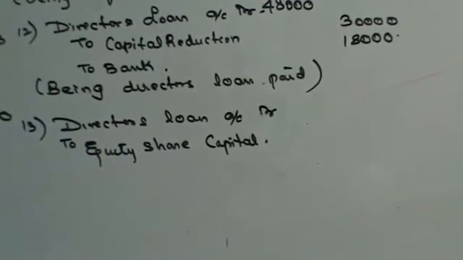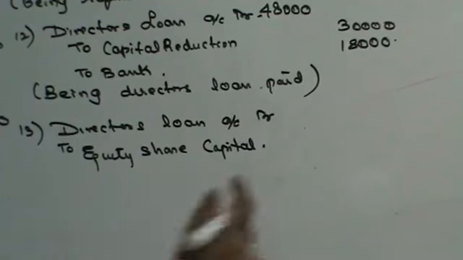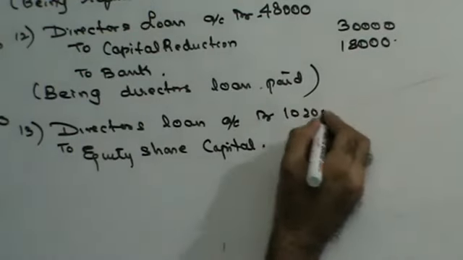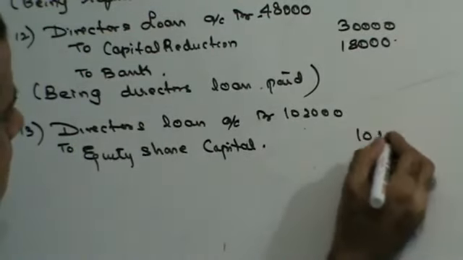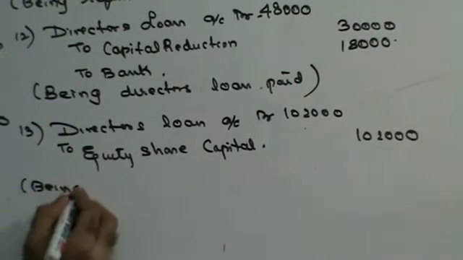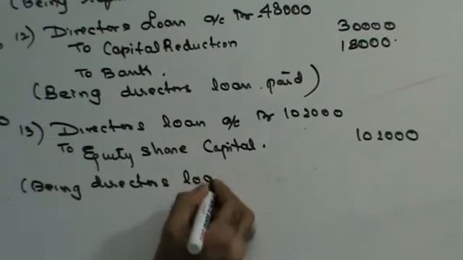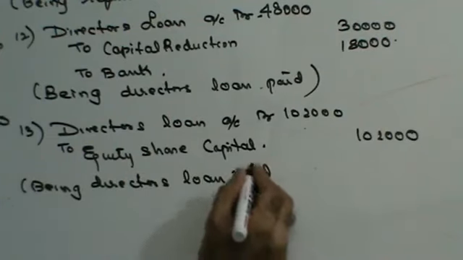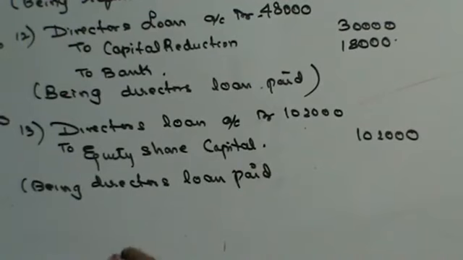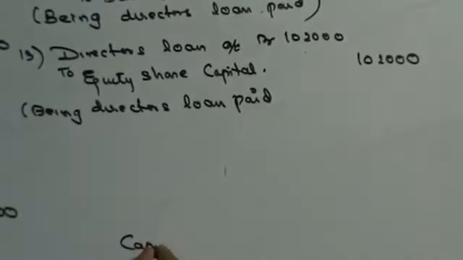Directors loan, they are going to be paid in terms of equity share capital. That's 1,02,000. Being directors loan paid. Right? Let's make a capital reduction account. Leave space for one journal entry and make capital reduction.